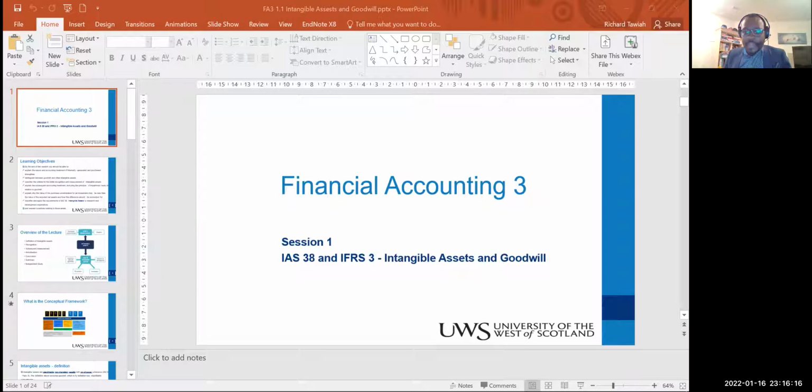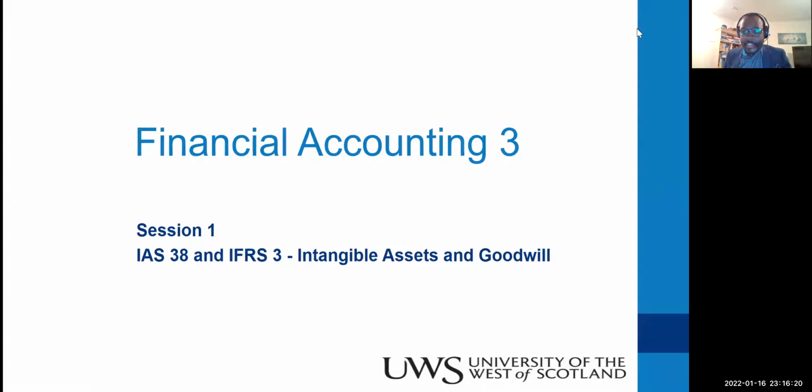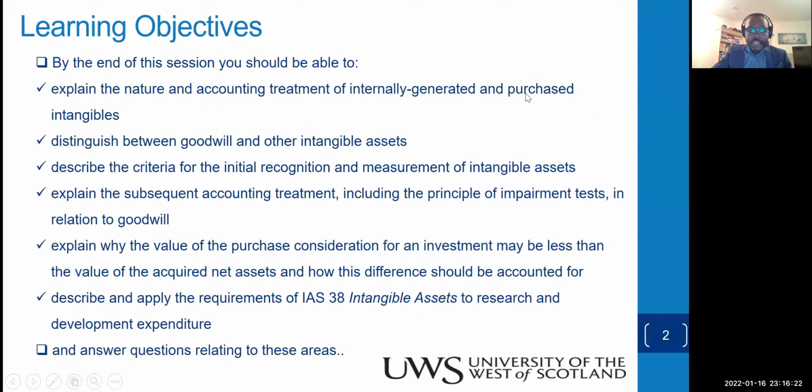We are looking specifically at IAS 38. Let's move on. By the end of the lesson, you as a student should be able to explain the nature and accounting treatment of internally generated and purchased intangibles, and then distinguish between goodwill and other intangibles, like I said. Then the criteria for recognition and measurement of intangibles.